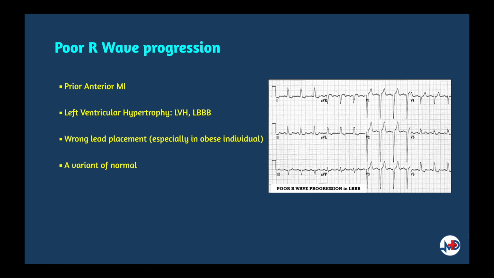If there's poor R wave progression, shown by an example of this ECG, the causes could include prior anterior myocardial infarction, left ventricular hypertrophy, LVH or LBBB, wrong lead placement, especially in obese individuals, and a variant of normal. So you might always want to correlate clinical context with the ECG findings, and this will give you a better idea on what the poor R wave progression means.